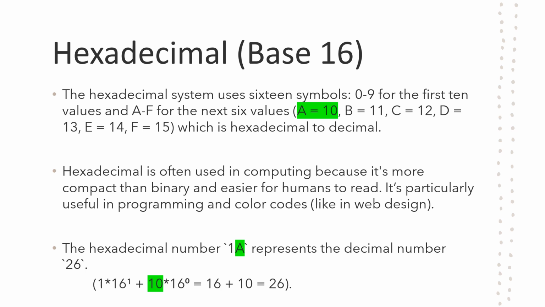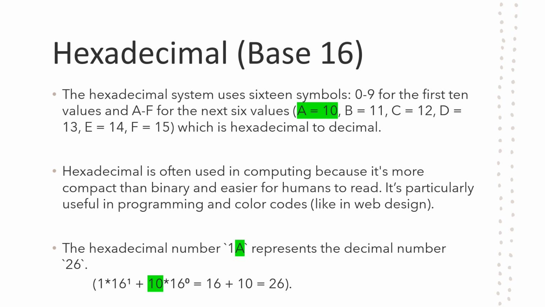So 16 different symbols. Hexadecimal is often used in computing because it's more compact than binary and easier for humans to read. It's particularly useful, though, in programming and color codes, like in web design. So that's the reason why this exists. And you'll see how much shorter it is to represent things. So for the hexadecimal number 1A, it would represent the decimal number 26.